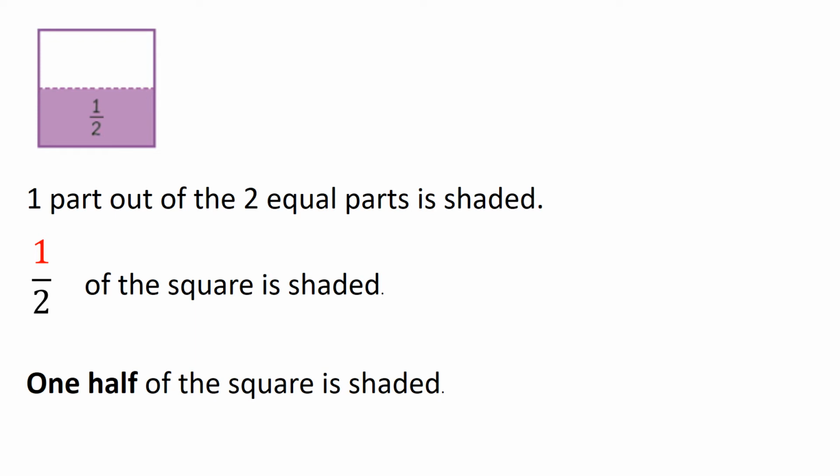Here is another way actually that they could have shared the cake. They could have cut the cake in half a different way by cutting a horizontal line across there. And here we can see that 1 part out of the 2 equal parts is shaded, just here. So we know that half of the square is shaded.